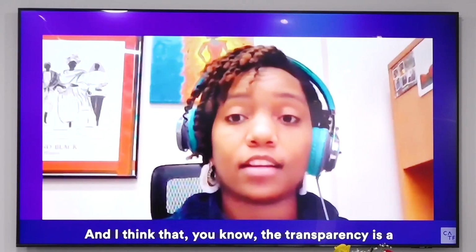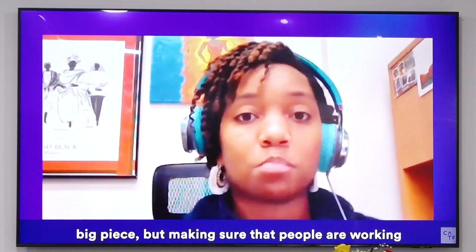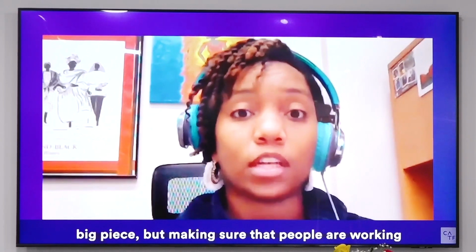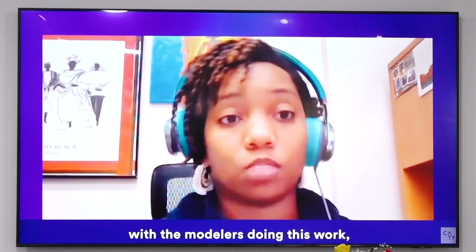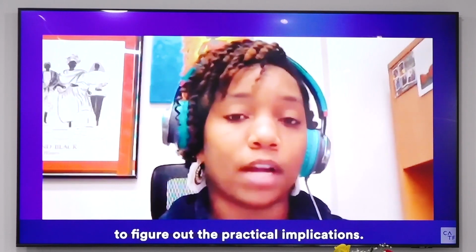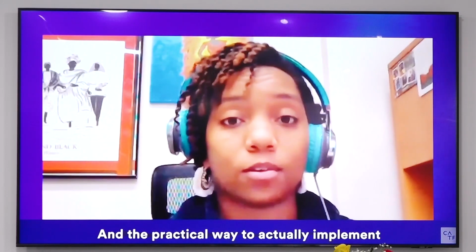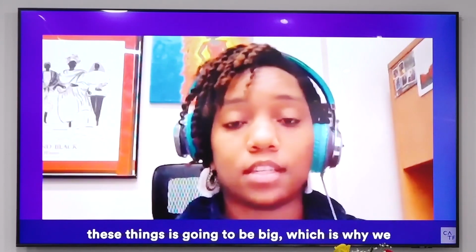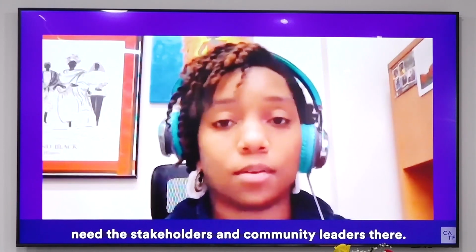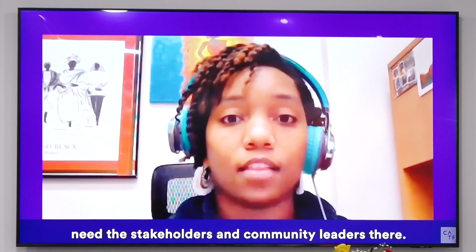And I think that transparency is a big piece, but making sure that people are working with the modelers doing this work to figure out the practical implications and the practical way to actually implement these things is going to be big, which is why we need the stakeholders and community leaders there.